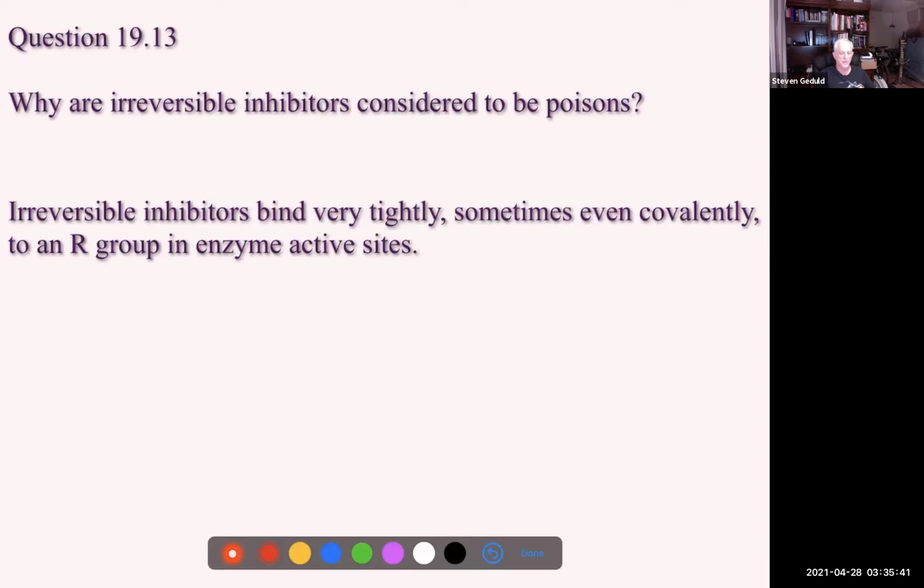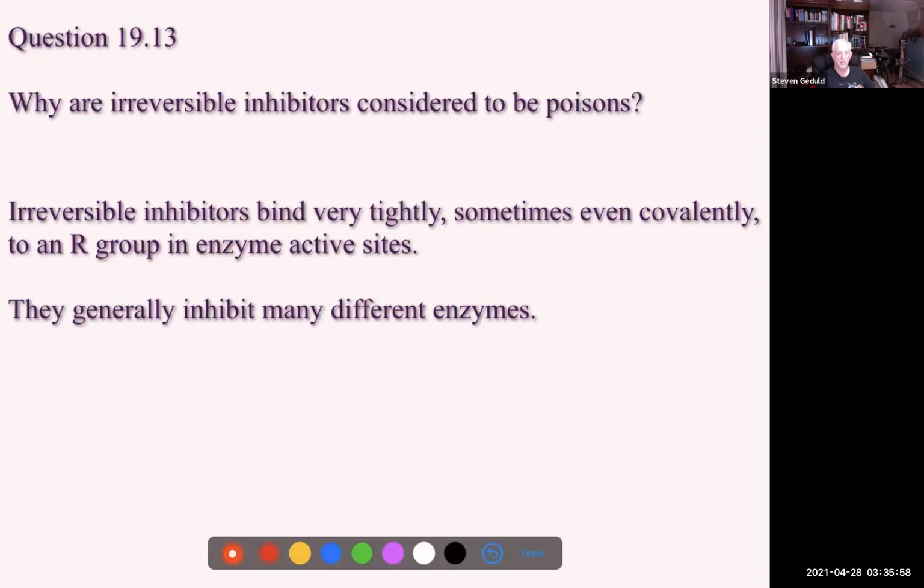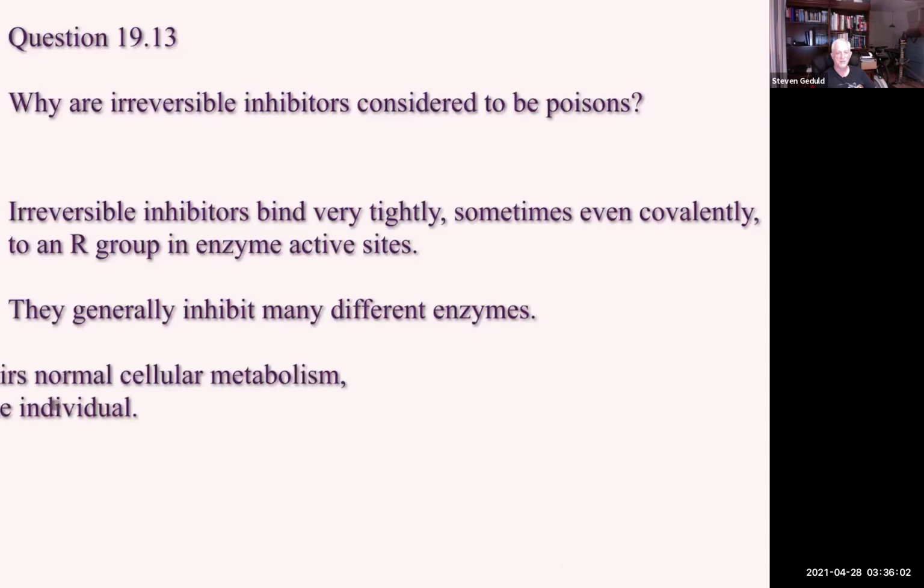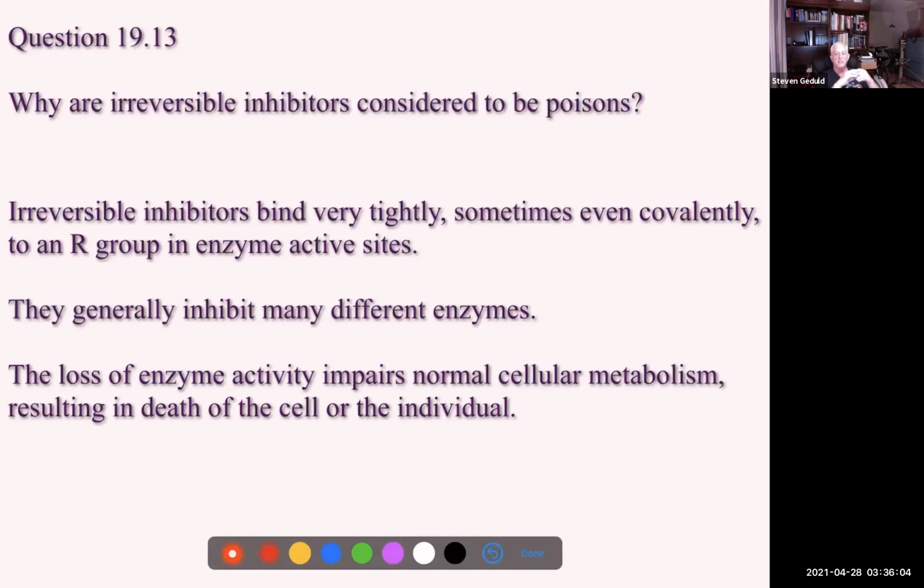Irreversible inhibitors bind very tightly, sometimes even covalently, to an R group. If it's a competitive inhibitor, it will bind to the active site. If it's a non-competitive inhibitor, it will not bind to the active site. They generally inhibit many different enzymes because they're not site-specific. The loss of enzyme activity impairs normal cell metabolism, resulting in death of the cell or death of the individual.